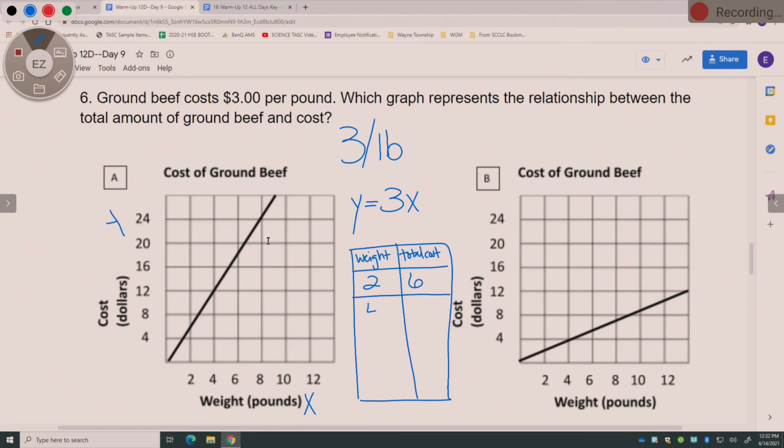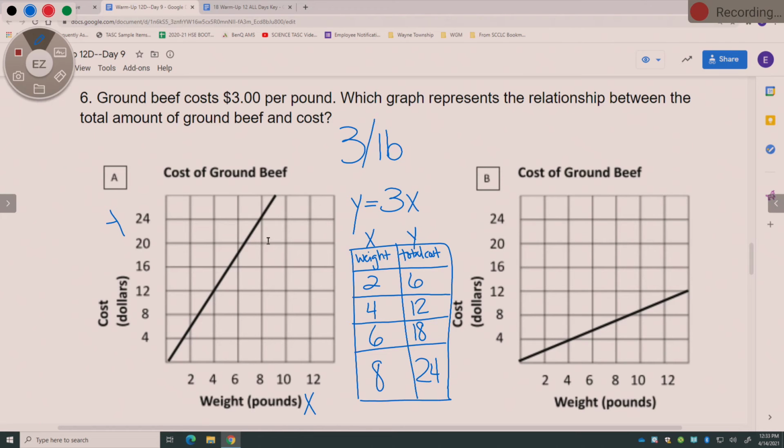If my weight is 4 pounds, my total cost is going to be 4 times 3, which is 12. If my weight is 6 pounds, my total cost is going to be 18. And if my weight is 8 pounds, my total cost is going to be 24. And I realize that my weight in pounds are my X numbers and my total cost are my Y numbers.